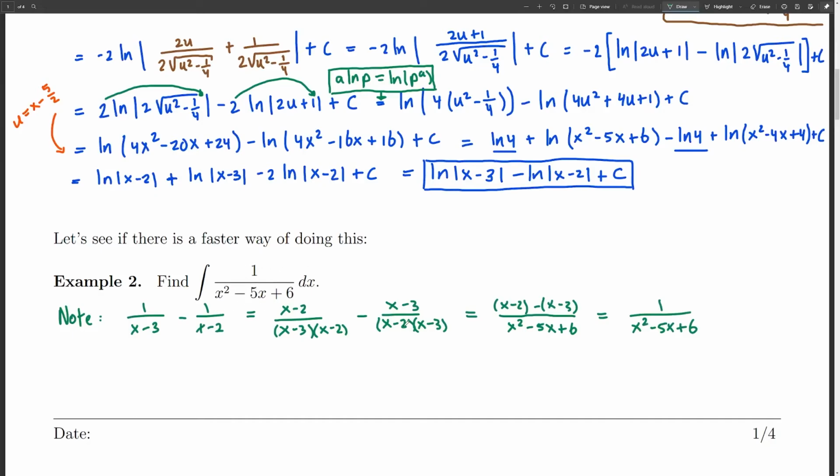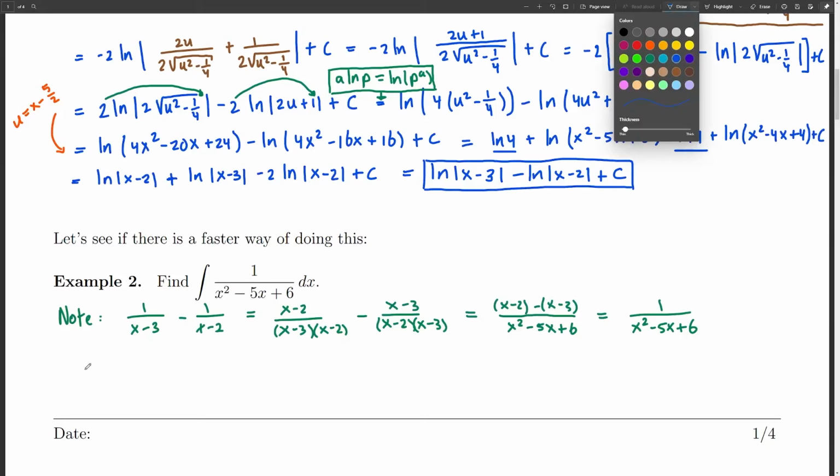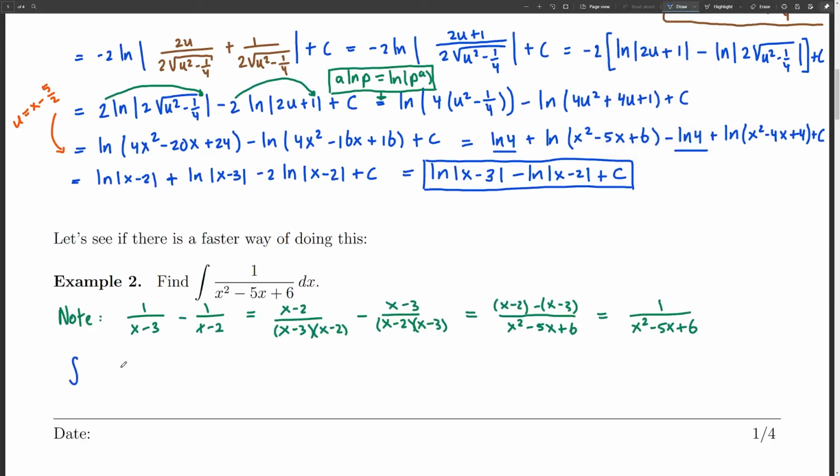And you're right to ask that, because this kind of came out of thin air. So in the next video, I'll show you how to go from the right side to the left side. So if you start out with 1 over x squared minus 5x plus 6, how do you end up with those two fractions?